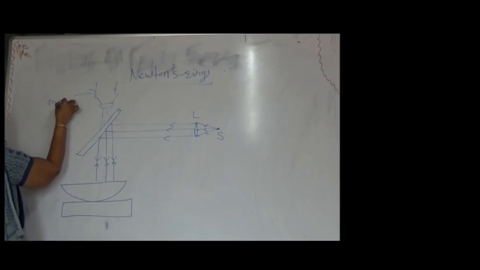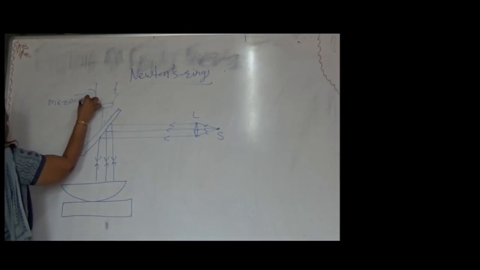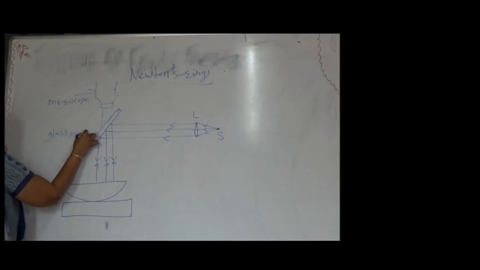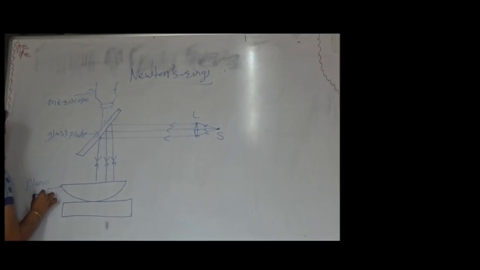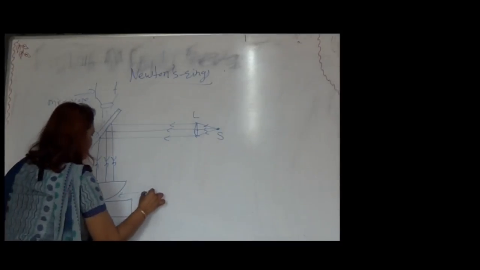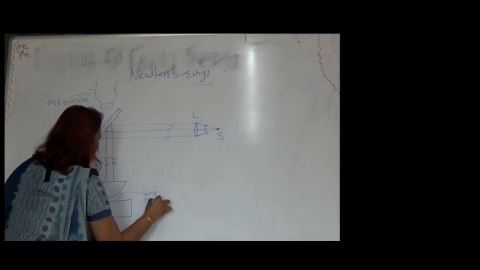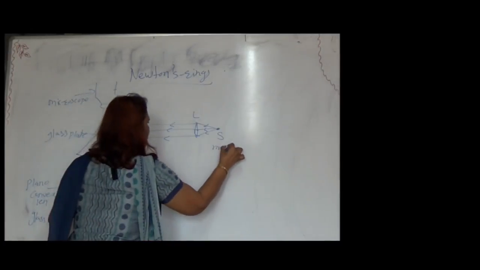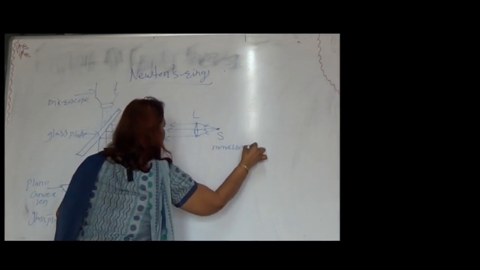This is the microscope, glass plate. This one is the plano-convex lens. This is the plane glass plate. There is a formation of an air thin film. This source is a monochromatic source.